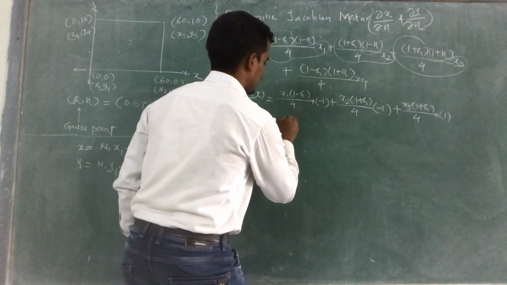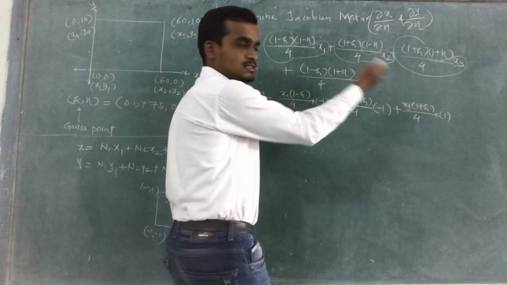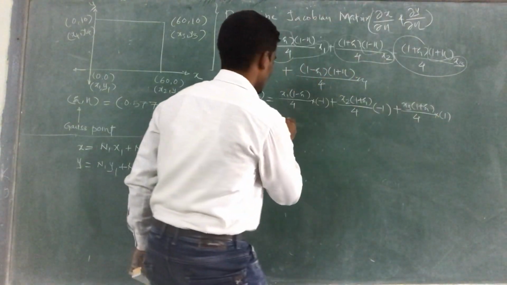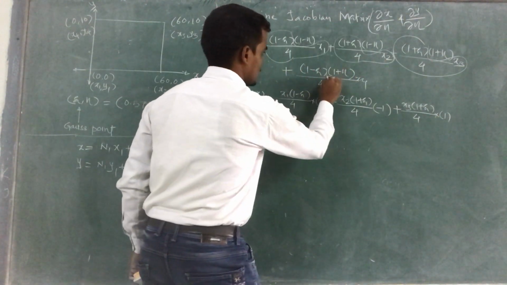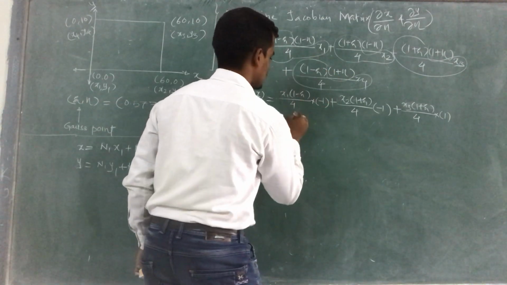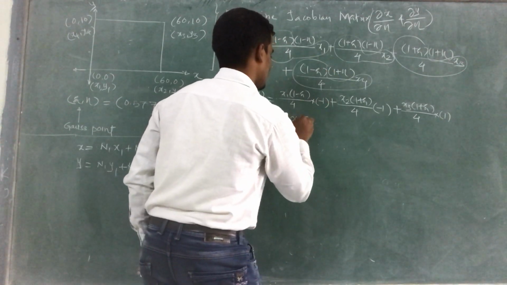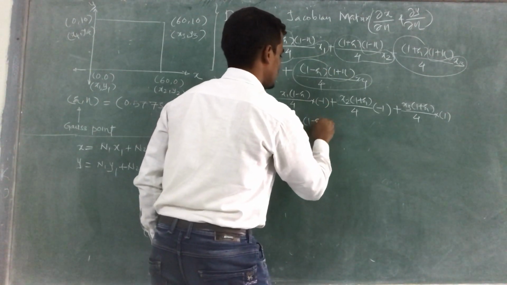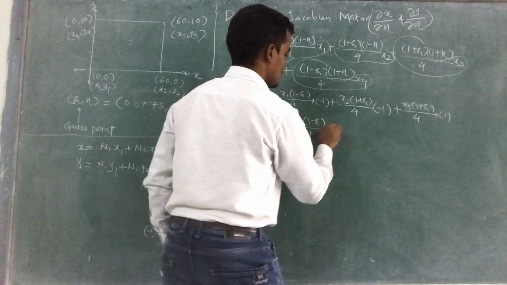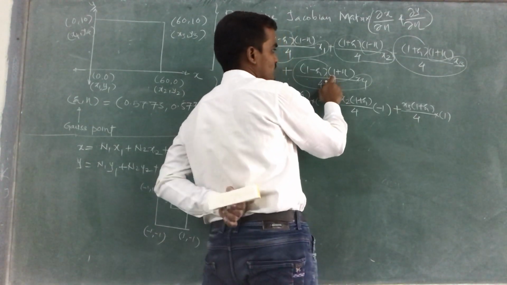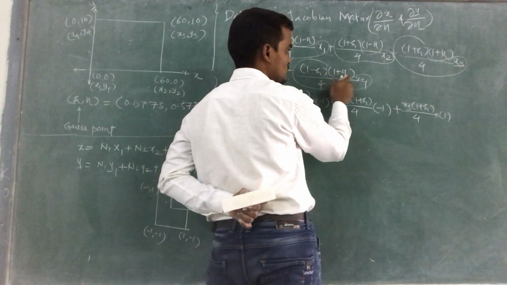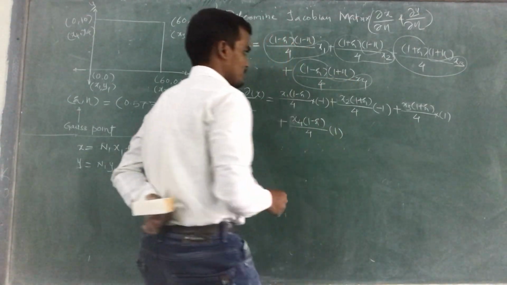Plus again this term will become constant, x4 times (1 minus zeta) divided by 4 into the derivative of eta, with respect to eta it will become 1.